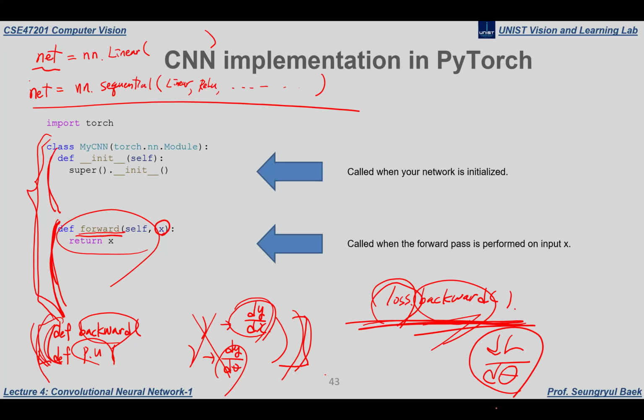So you only define the constructor for the network and the forward function, how to propagate the input to the output. The reverse process, calculating the gradient, is done automatically in PyTorch.